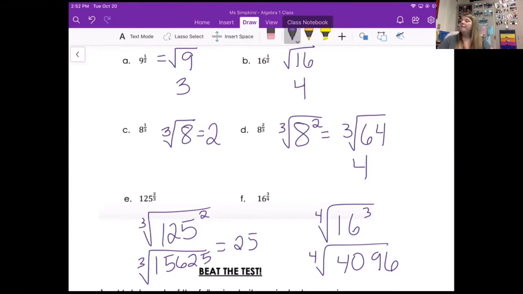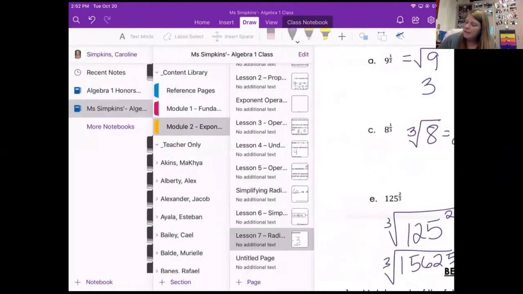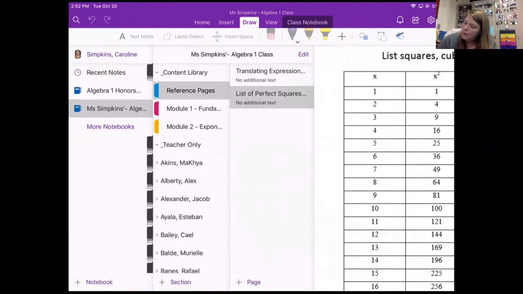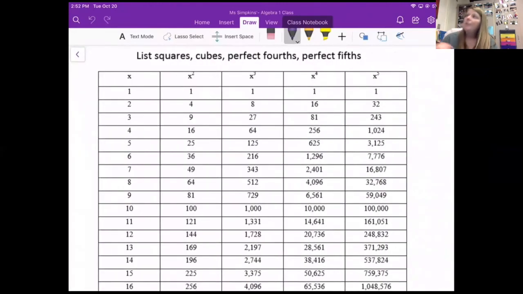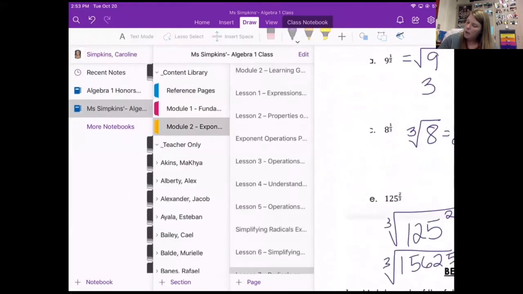If you have this calculator, there's no 4th root button, okay? So what I would do is, because you're going to have access to this at any time, I would go to this list and look under the 4, which is this column, and I'm trying to find 4,096, which is right there. If I jump to the first column, it would be 8. So 8 would be the 4th root of 4,096.